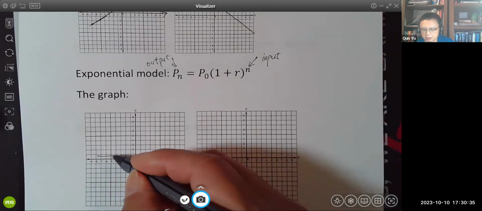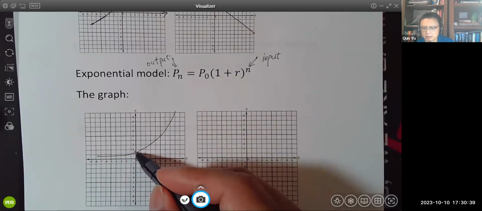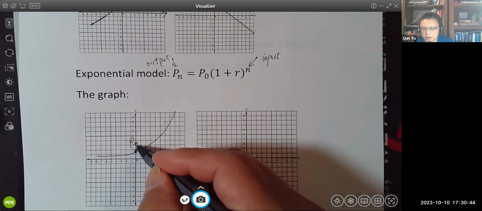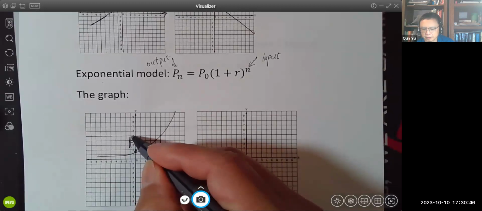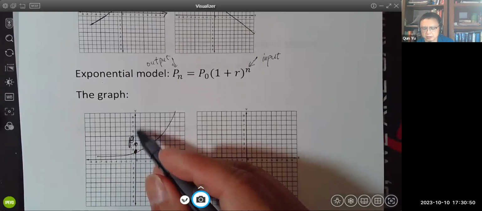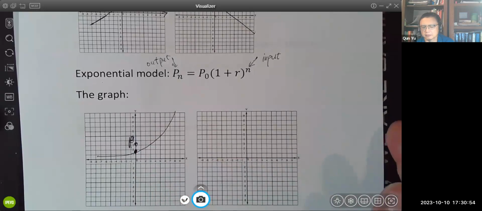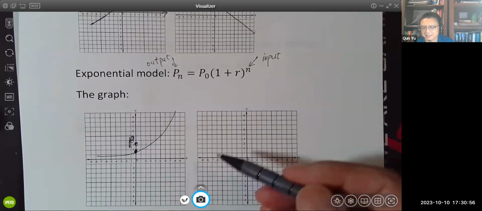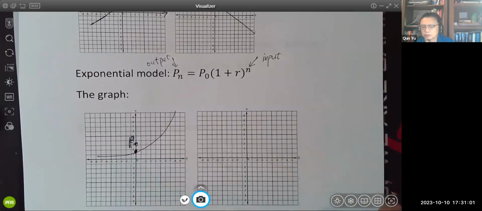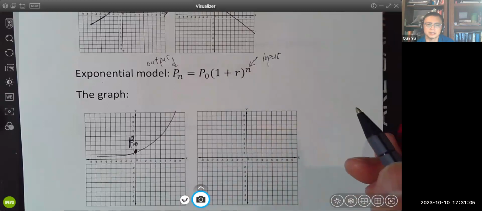It goes like this, a smooth curve. And again, this number, regardless of the quantity, is your initial value. In other words, the point where the curve intercepts the vertical axis is our initial value. And the reason we have a smooth curve is that this percentage is a fixed percent.